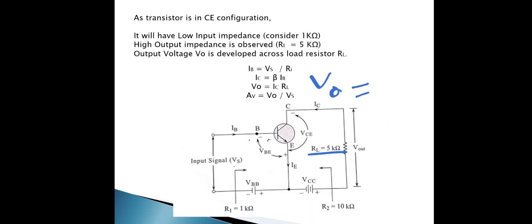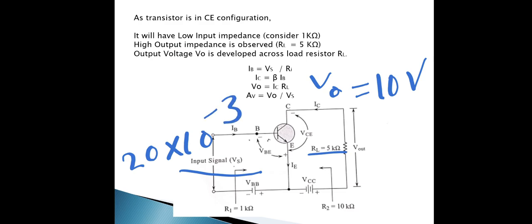a value of V naught equal to 10 volts. So here if you observe the applied input signal, Vs, we have considered a value of Vs to be 20 into 10 power minus 3.